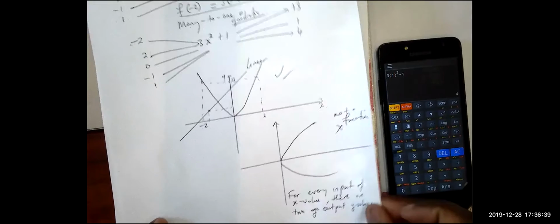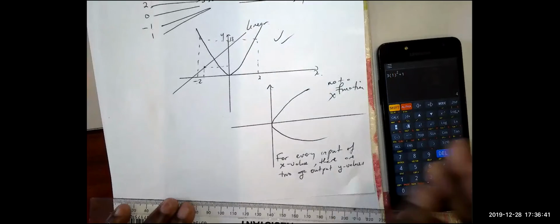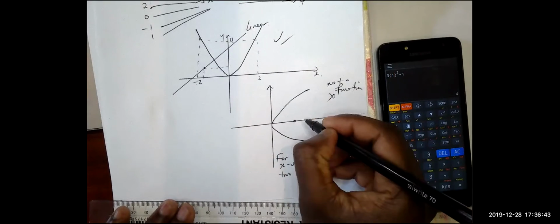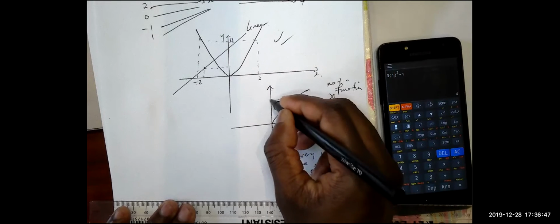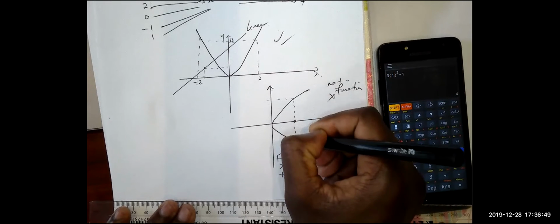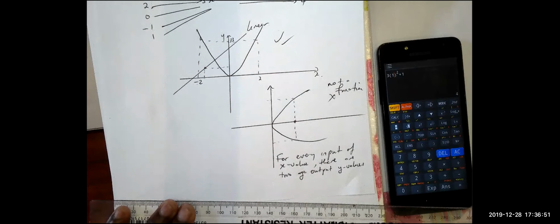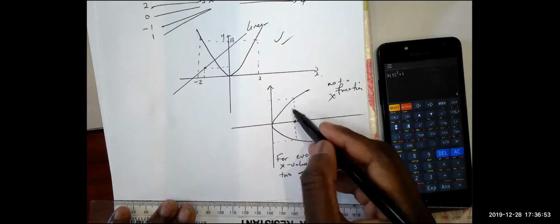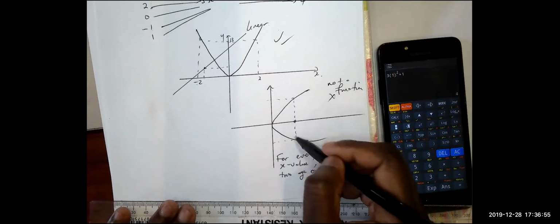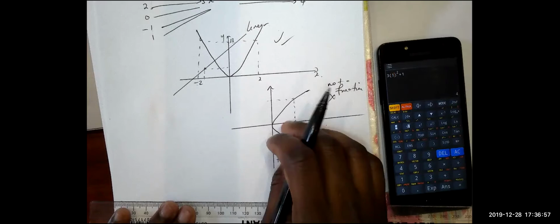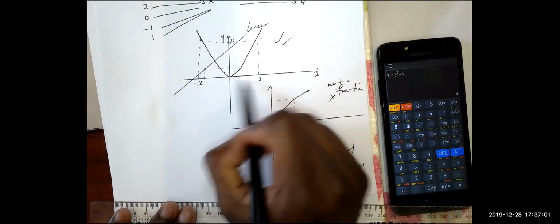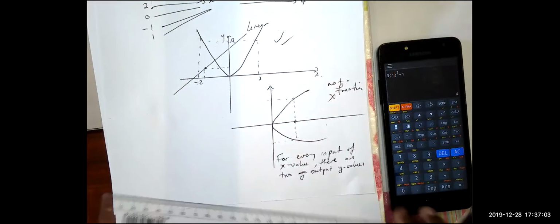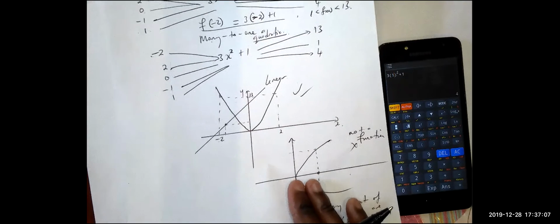There are two output y values, and we don't want that, because for every input of x, like in this case, let's put x here, we have this value of y, and it also has the same value down there. So now we have two values, and this becomes something else, which is not a function. This one is a function because for every input of x, we get one corresponding y value. So let's see what's happening next here.